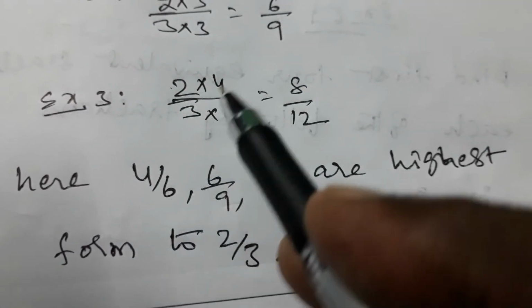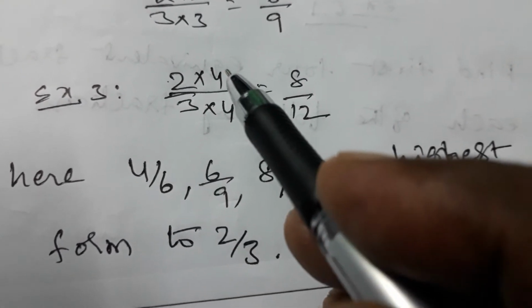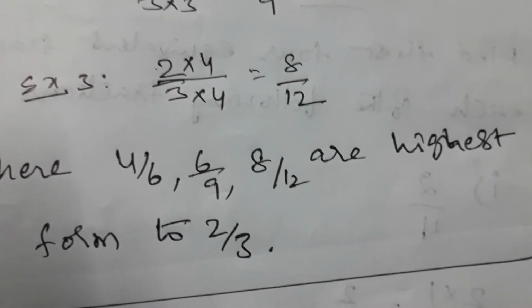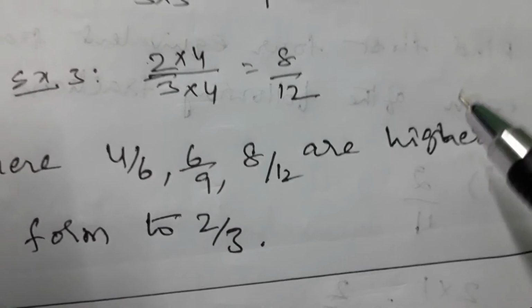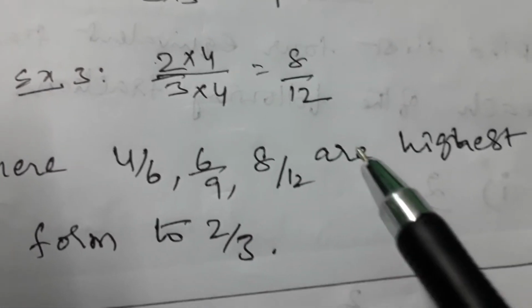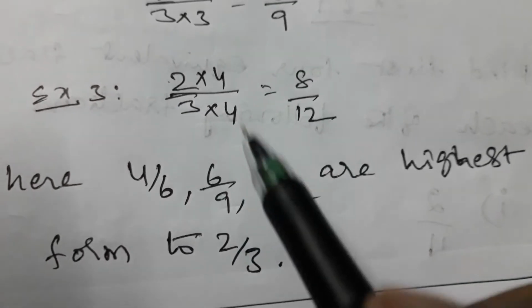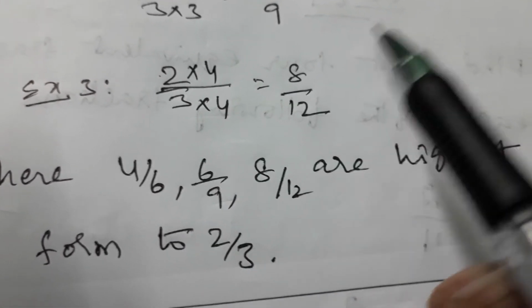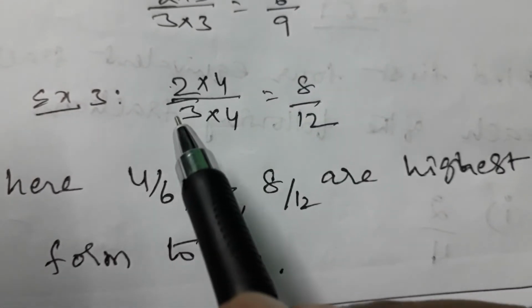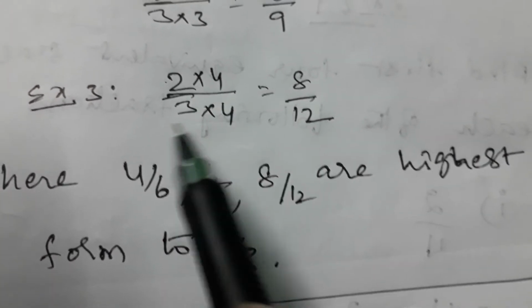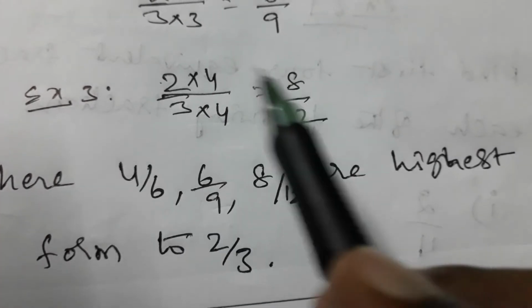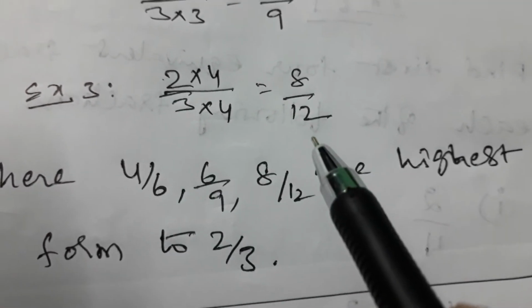So 2 by 3, multiply numerator and denominator with the same number. When you multiply the numerator and denominator of any fraction with the same number, you will get a new fraction, and that new fraction is equal to the original fraction. The values are equal, but the numbers may be different. Here 2 by 3, here 8 by 12.